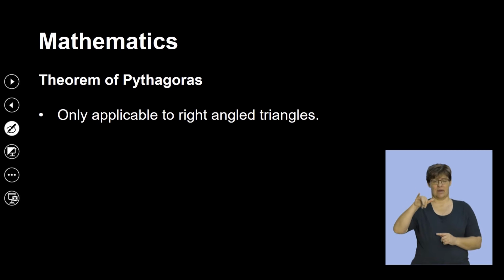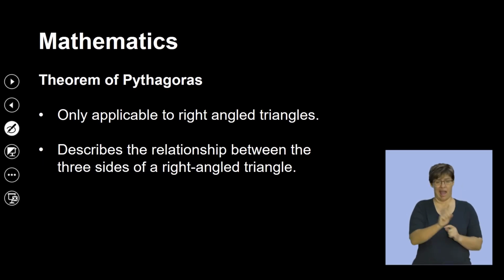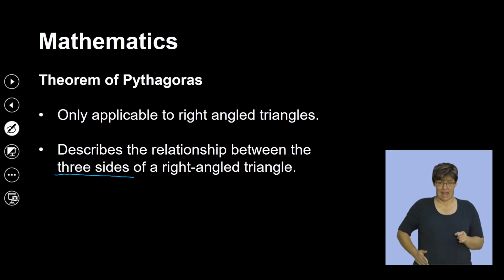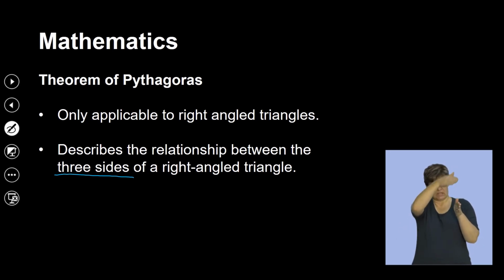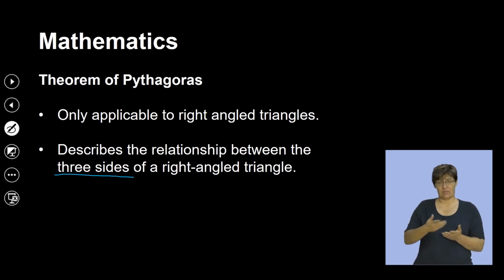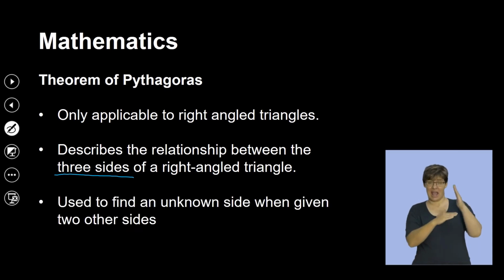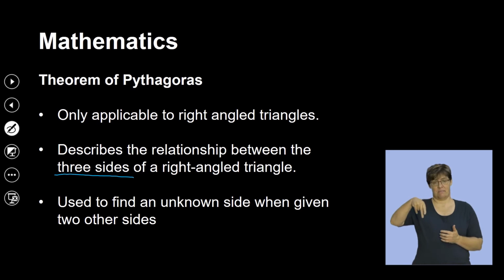Remember that this is only applicable to right-angled triangles, not any other triangle. It describes the relationship between the three sides of a right-angled triangle, the longest side being the hypotenuse and the other two sides named according to their relation to the angle that is given. Also, we use it to find an unknown side when given two other sides.